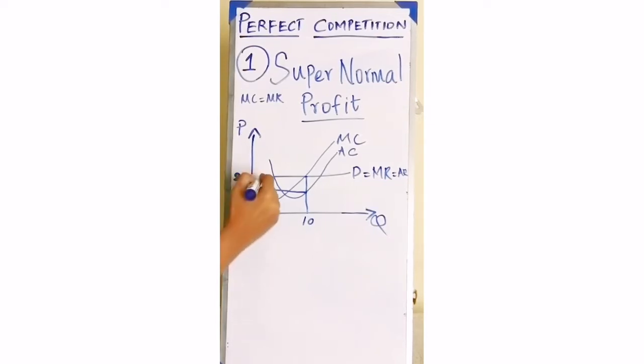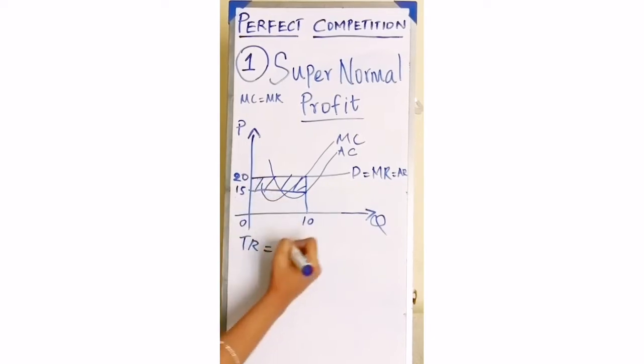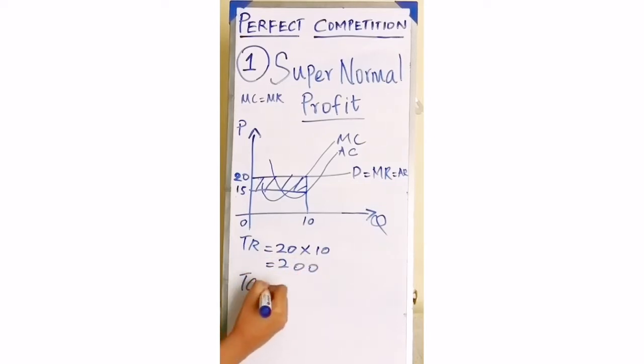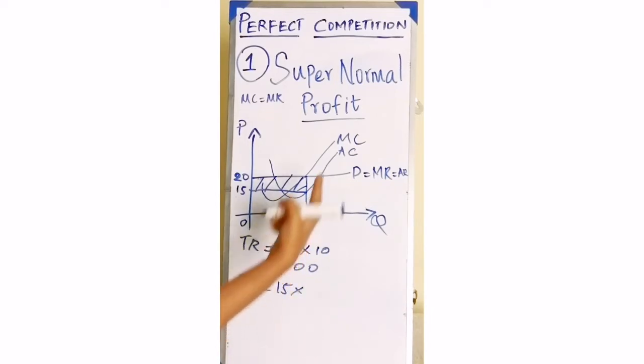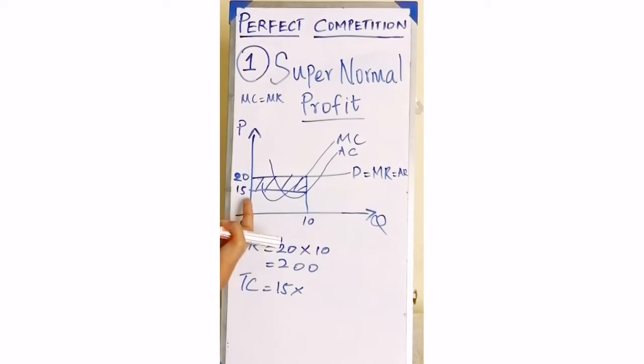Alright. So this is the supernormal profit region. We'll work it out in numbers. Total revenue is going to be 20 into 10, that is 200. And total cost is going to be 15 into 10, because the average cost is cost per unit, multiplied by the number of units sold.